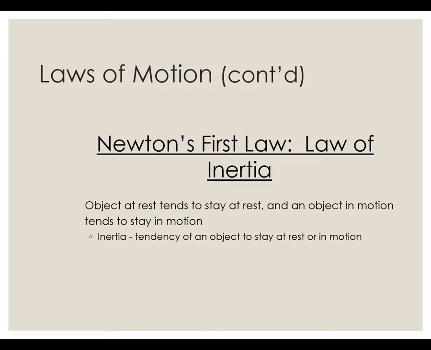So first law, law of inertia. An object at rest tends to stay at rest, and an object in motion tends to stay in motion. Inertia is the tendency of an object to stay at rest or in motion. That's the definition. So when we talk about this particular law, we might give the example, and I think your book gives the same example, of riding in a car.